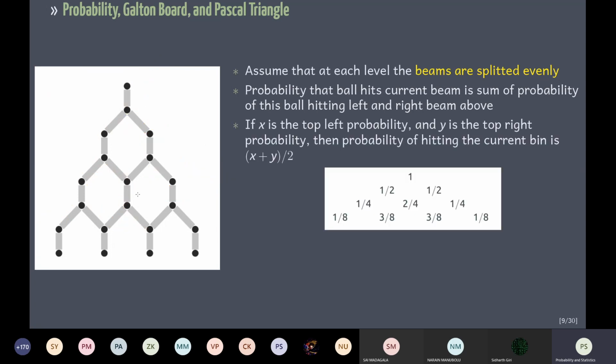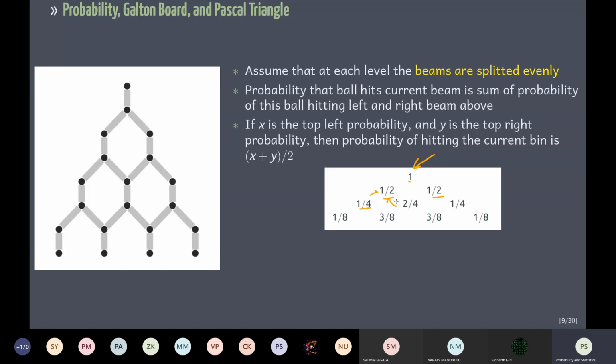So this is what it looks like, and it can remind you of the Pascal triangle, and the reason why we were studying the Pascal triangle. We start with probability half, and then it will be half, and this is half of the half, so this is 1/4.